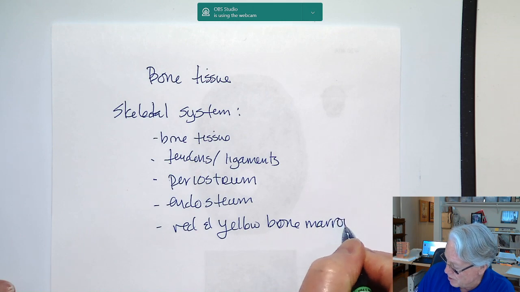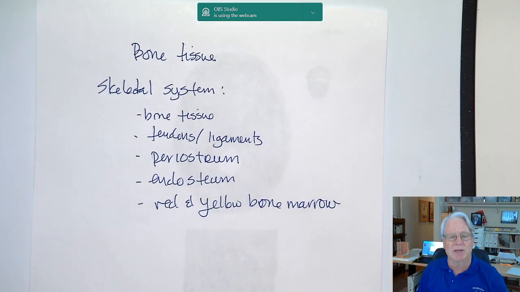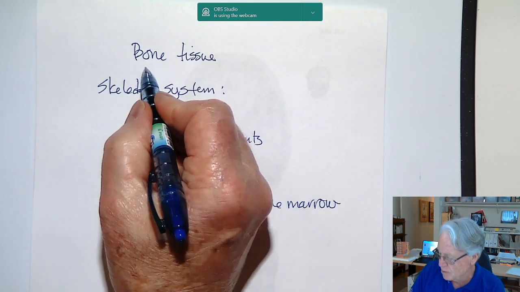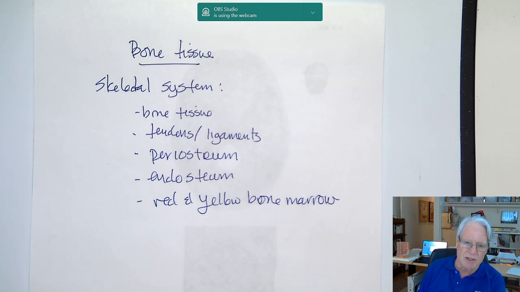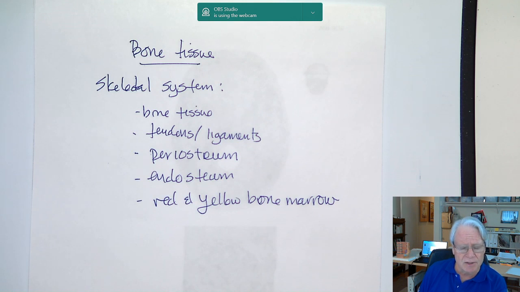So what do I mean when I write down these words here, bone tissue? I'm going to specifically lay that out. So bone tissue is compact bone and spongy bone, and it's got a particular structure to it. It fulfills the requirements of connective tissue in the sense that it has fibers and a ground substance, and it has cells.